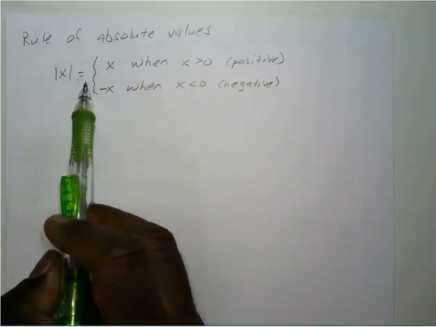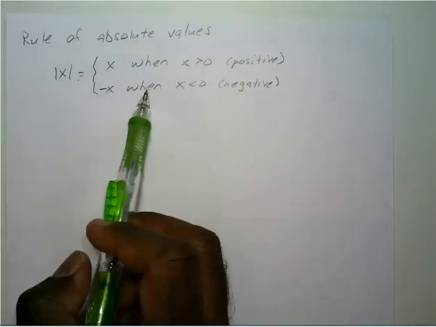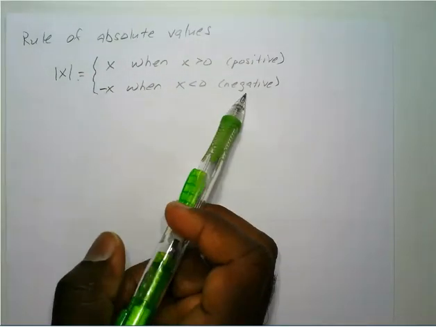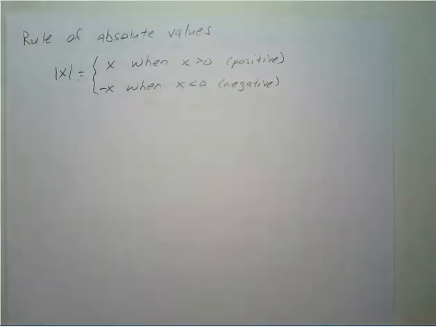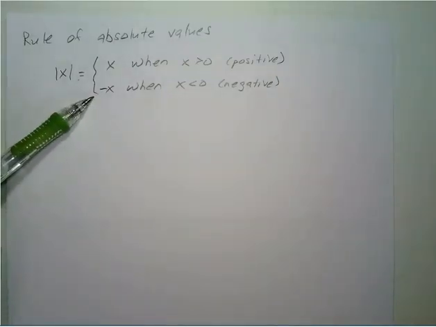Or the absolute value of x can equal negative x when that x is less than 0, or negative. I know what you're thinking. You're probably thinking, wait a minute, you said the absolute value is always positive. So how can it equal the opposite or the negative of x? I'll show you.